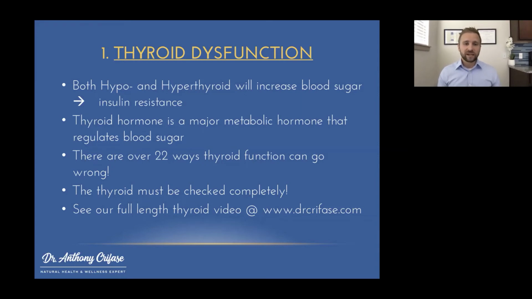So thyroid hormone, your thyroid gland is located in your neck, and this is your body's internal thermostat. So when you increase the thermostat, your metabolism starts to increase. When you decrease the thermostat, the metabolism starts to decrease. So when thyroid hormone is low, this often decreases the metabolic rate, which can cause fat deposition, lipogenesis, but also high blood sugar and insulin resistance.